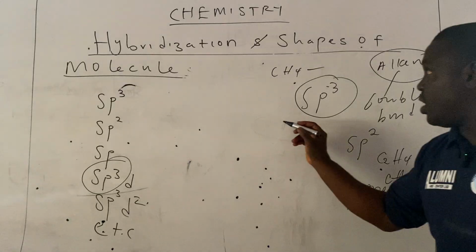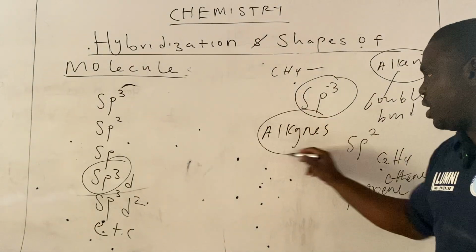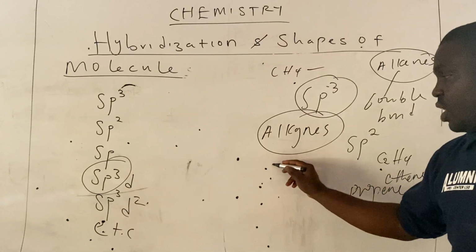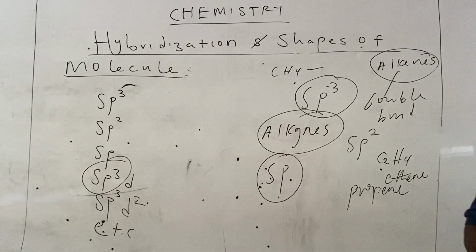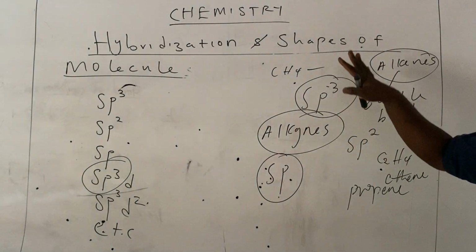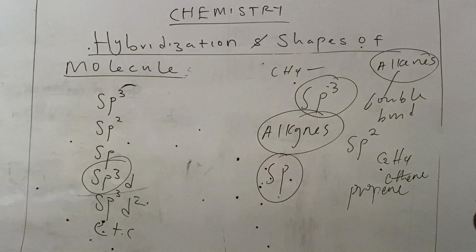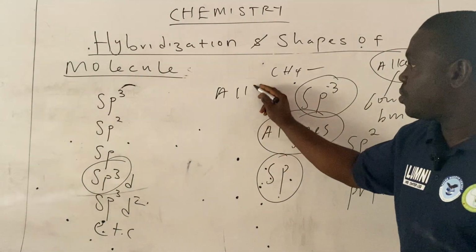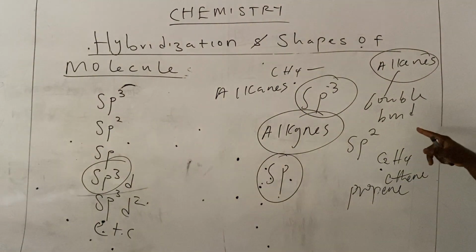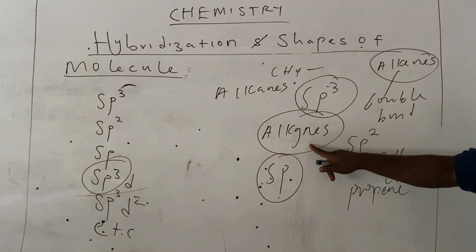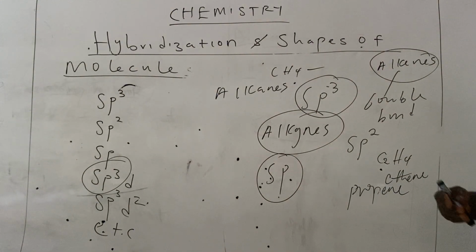And then your alkyne, the triple bond, it is sp. So if you're looking for the alkane, sp3, that's a saturated hydrocarbon. If you're looking for alkenes, it is sp2. And if you're looking for alkynes, that's sp.